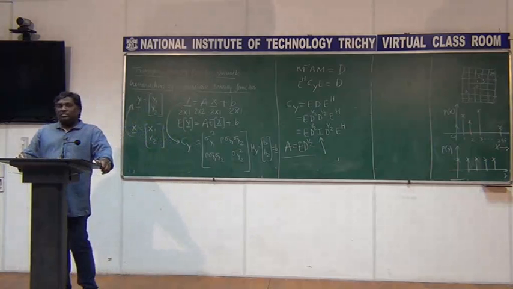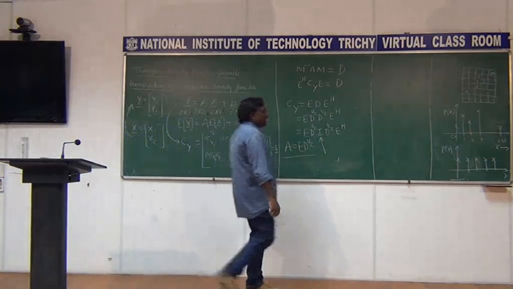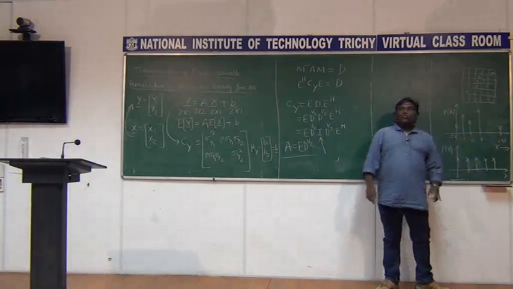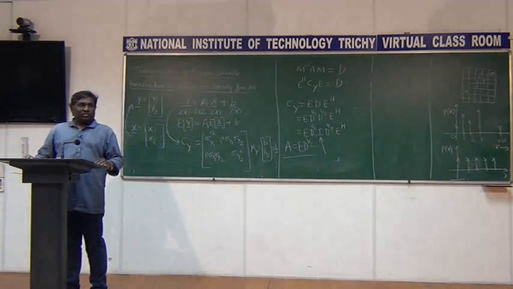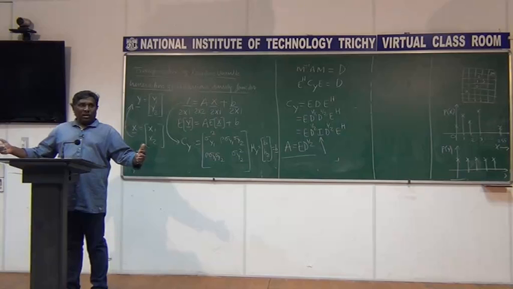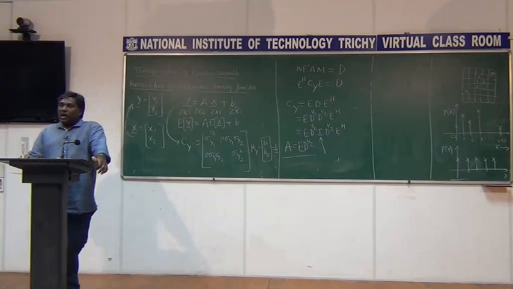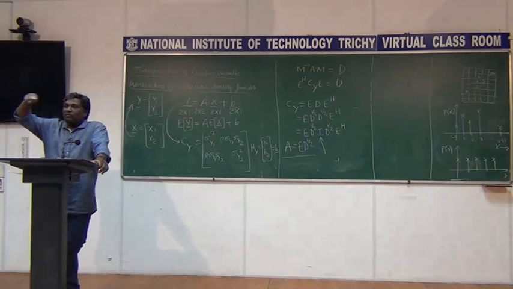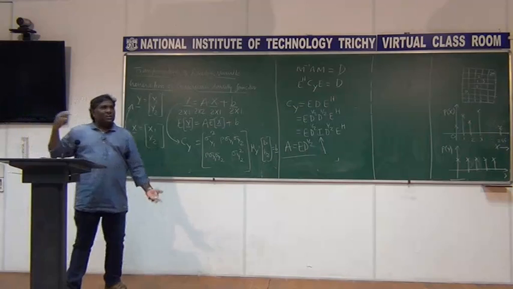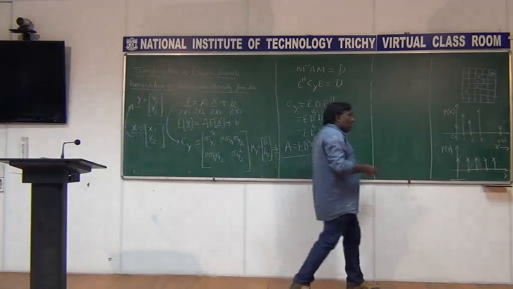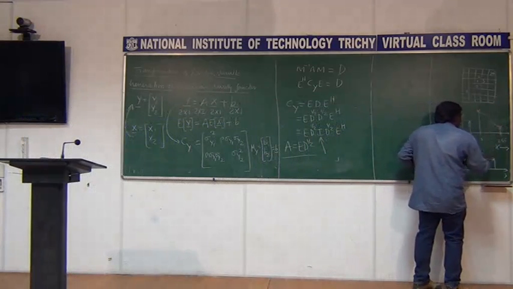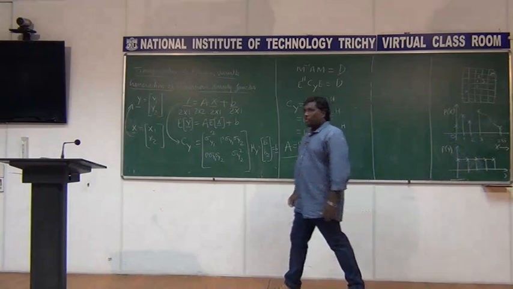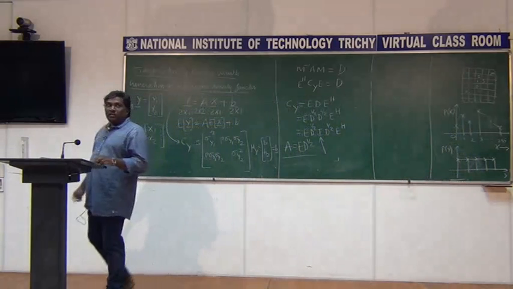Because you have 256 values, isn't it? So of course we can normalize it. I mean, you can say that it is 0 and this corresponds to 1. Instead of saying 0 to 255, I can divide everything by 255 and I can say that values of x are changing from 0 to 1, and you have the corresponding probability. After conversion from x to y, my probability of y is going to be what? Flat. Just basically, in continuous case, what does it mean? I have some arbitrary density function, right? Something like this, and this is going to be my flat here, uniformly distributed. And that is exactly what this histogram equalization is doing.